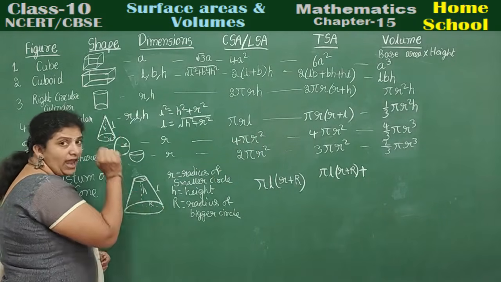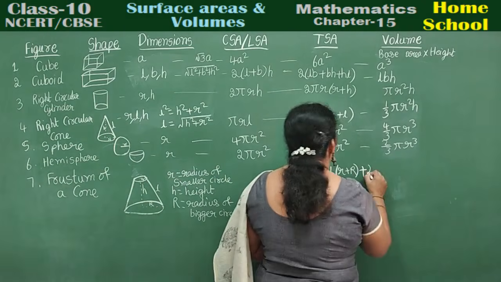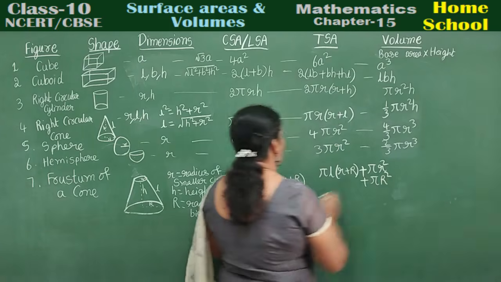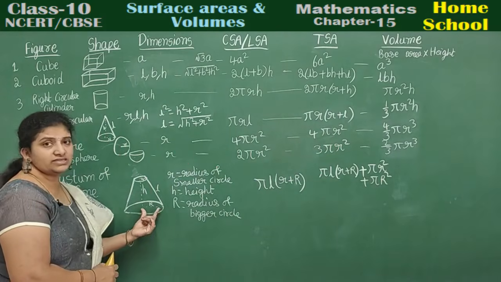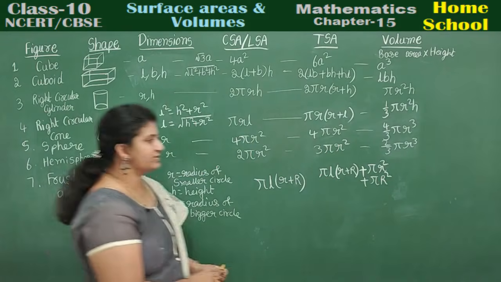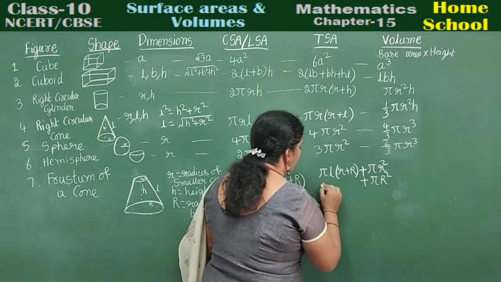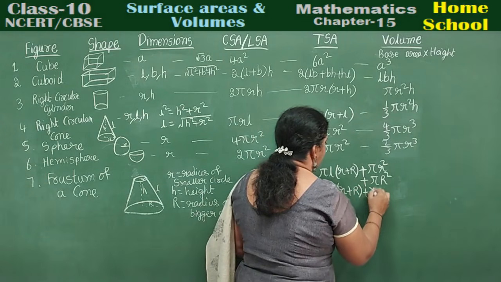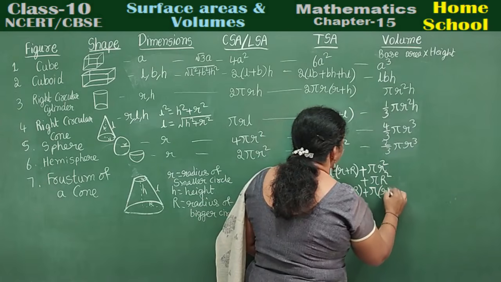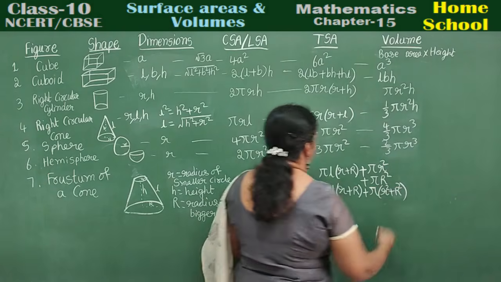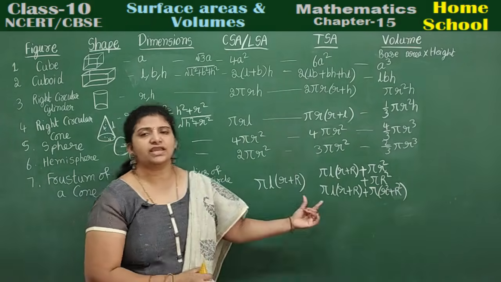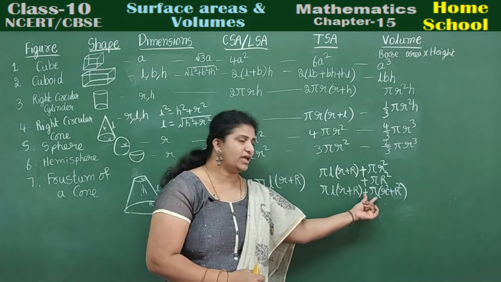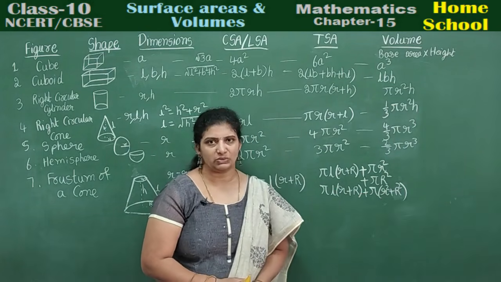Pi small r square, plus pi capital R square, because this radius is capital R. Then in these two, what is common? Pi L into (r plus R) plus pi into (r square plus R square). What is the total surface area of a frustum of a cone? Pi L into (r plus R) plus pi into (r square plus R square).